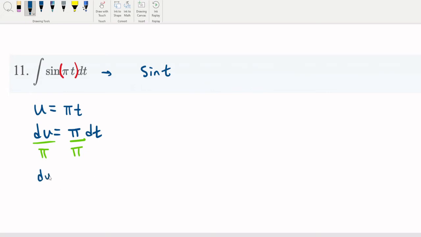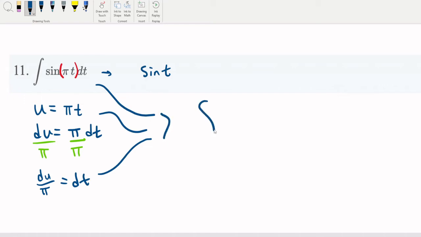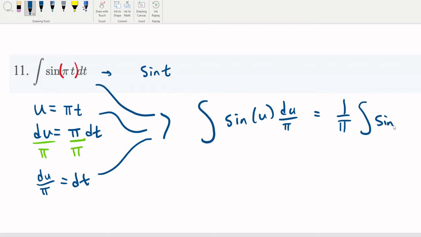Let's rewrite this out so you can see it a little bit better. So this and this are going to combine to give me the integral of sine u. And then remember, dt becomes du over pi, which is just 1 over pi, the integral of sine u du.